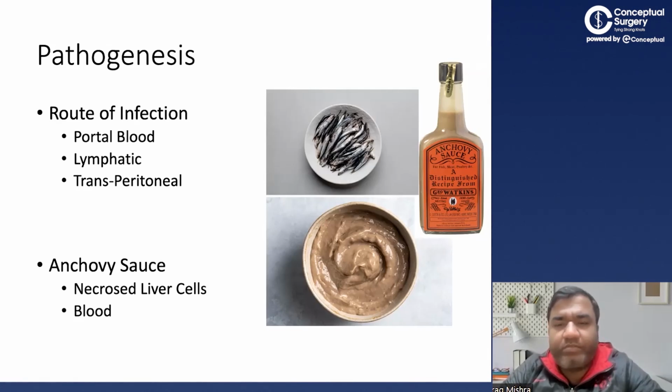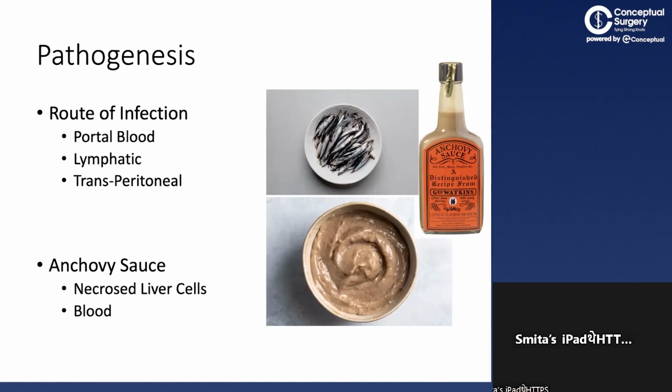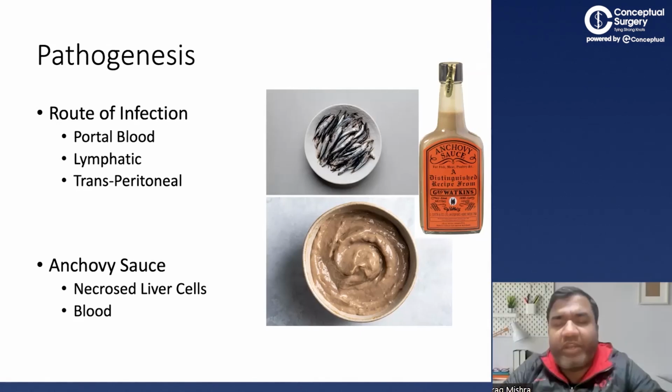That is why, as we'll discuss in the treatment, the treatment is slightly different from other abscesses. This is just necrosed liver cells, so drainage may not always be required in this case because it is not exactly infected.